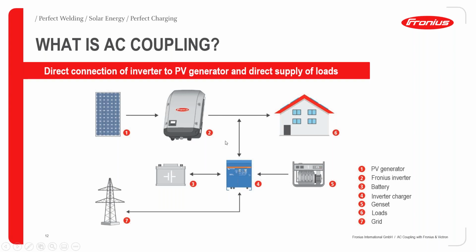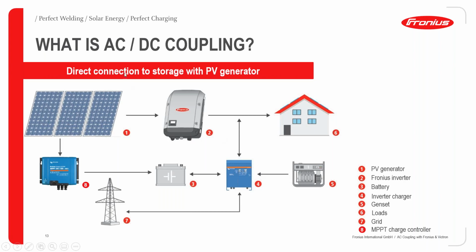So going forward, we now have what we call the AC-DC coupling. So what does that imply? It implies basically merging the best of both worlds, both the AC and the DC, because the DC has high efficiency when it comes to battery charging and supply of power, especially during nighttime when there isn't any PV generation.